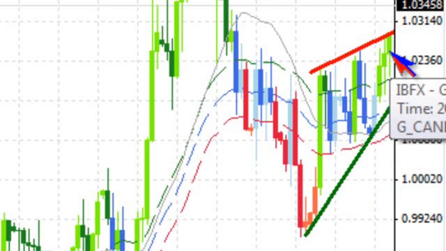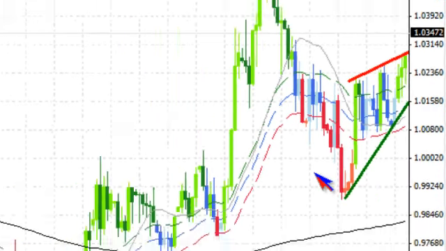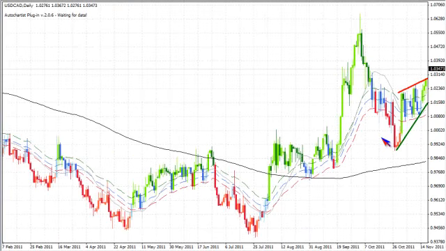When I look at a pattern such as a rising wedge occurring in a market that is not trending, then I have to realize that the typical strategies that I'm going to use, I have to put in the context of the market trend.